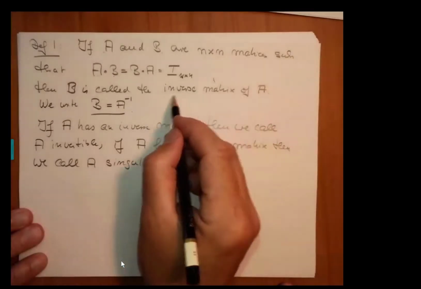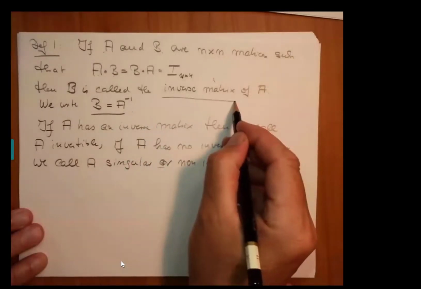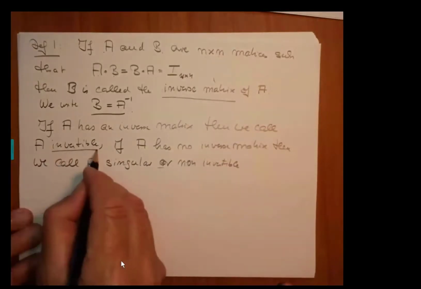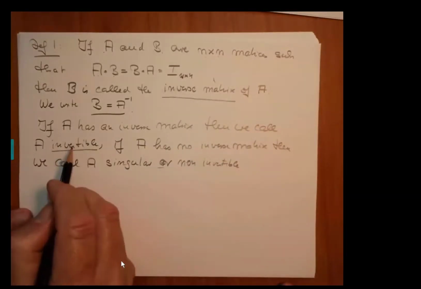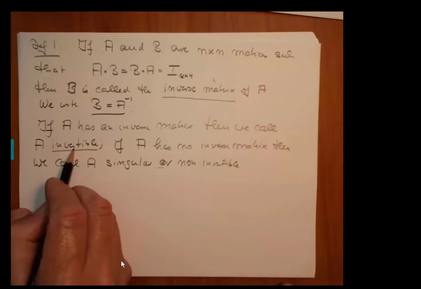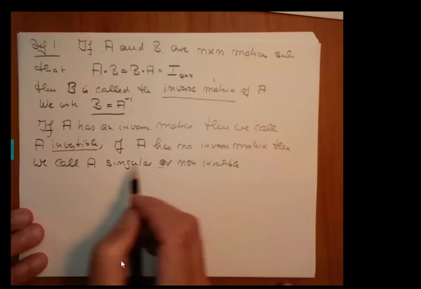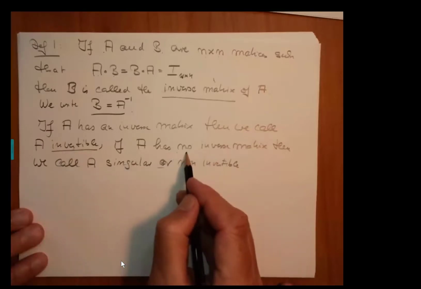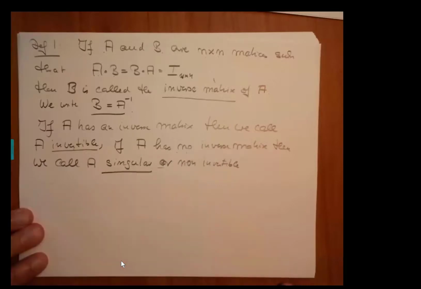So matrices that have an inverse are called invertible, so there is an inverse. And matrices which have no inverse matrix are called singular.